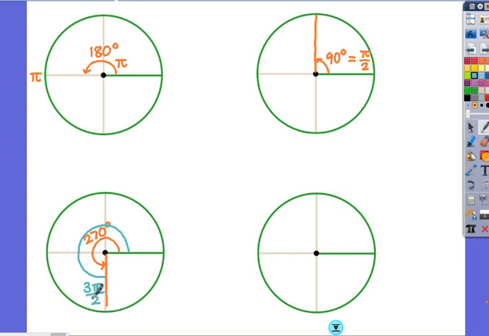Or you could think of that as 1.5 pi, because that's 1 pi plus another half pi. So anyway, 270 degrees is 3 pi over 2. And if we were to go all the way around the circle, 90 plus 90 plus 90 plus 90, 180 plus 180, we would get 360 degrees.